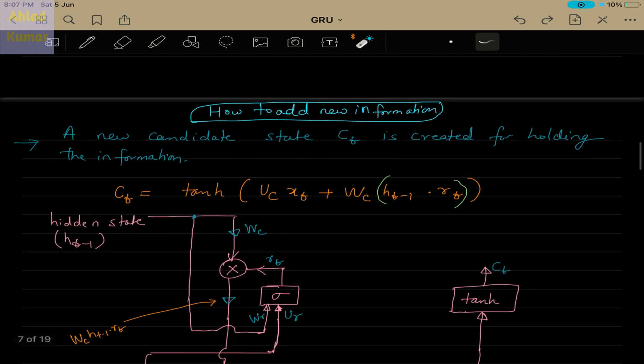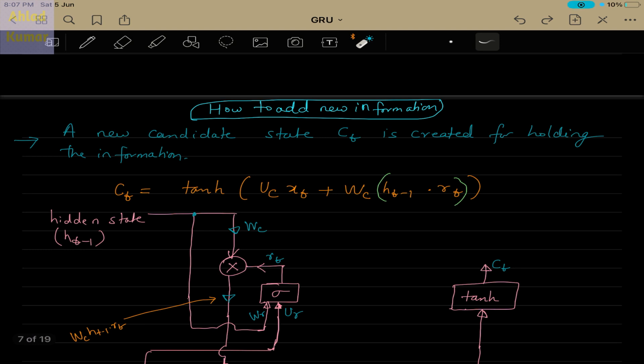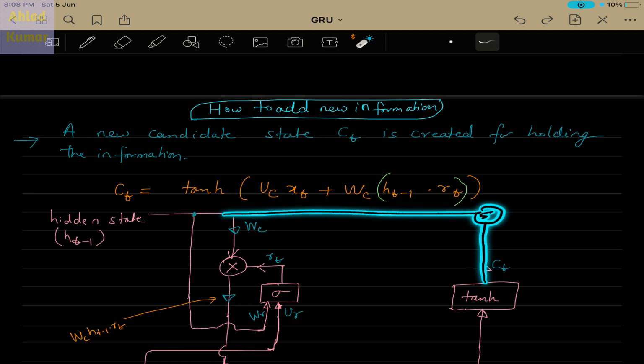To add new information, what we do is we create a new candidate state ct that is used for holding the information which will be added to the previous hidden state ht minus 1 using a plus operator. So when we calculate this candidate state ct, it will be added to the previous hidden state information in the form of a plus operation.